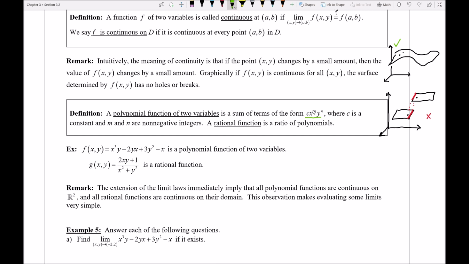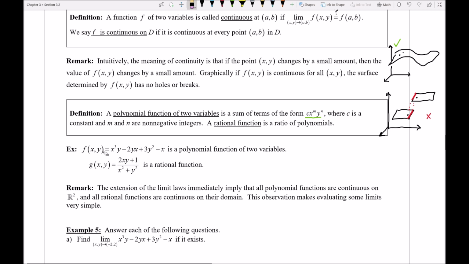Here, c is a constant, and m and n are non-negative integers. So things like 1 times x to the third y to the first, -2 times y to the first x to the first, 3 times x to the 0 y to the 0, or y to the 2, or -1 times x to the first times y to the 0. Things like this, if they're added and subtracted together, are referred to as polynomial functions with two variables.